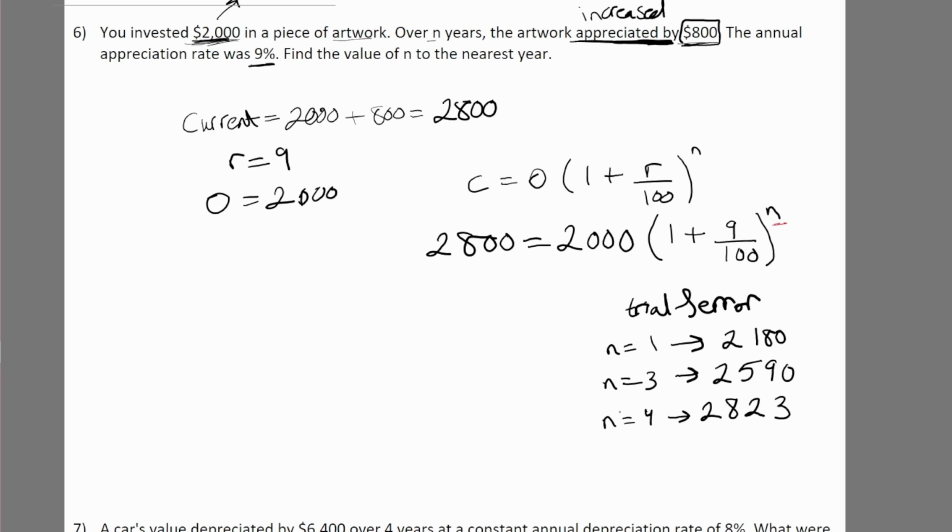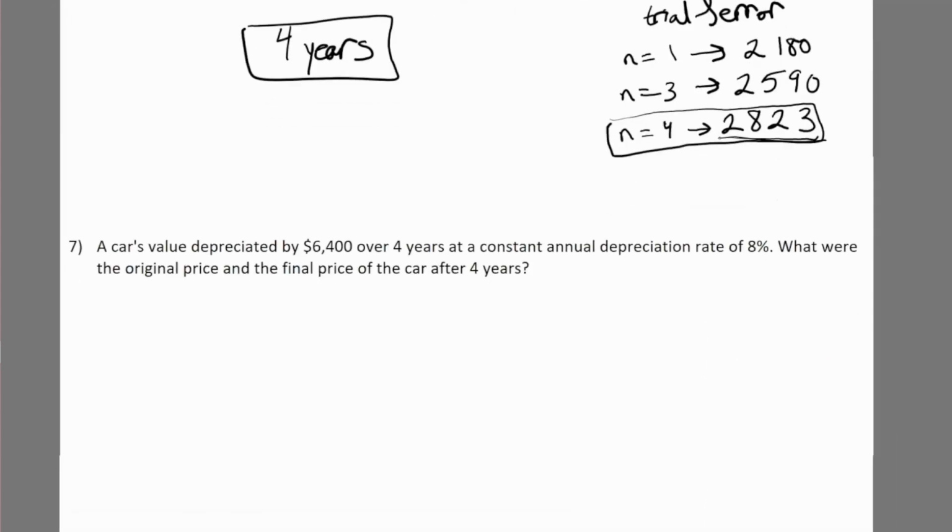So basically, during the 4th year, the value of the painting reached 2,800, and at the end of the 4th year, it is 2,823. So how many years did it take? It took 4 years. Moving on.